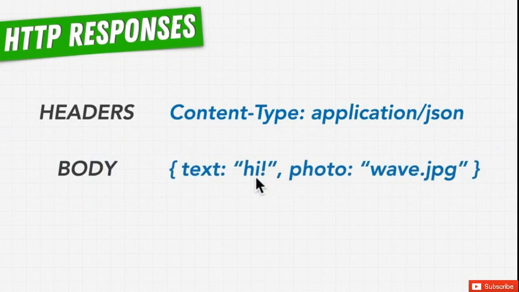So far, the response seems to be fairly one-to-one with the request. Both have headers and both have a body. Where a response differs from a request is that it includes a status code, which tells us whether the request was successful, and if not, it gives us an error code that generally tells us what went wrong.